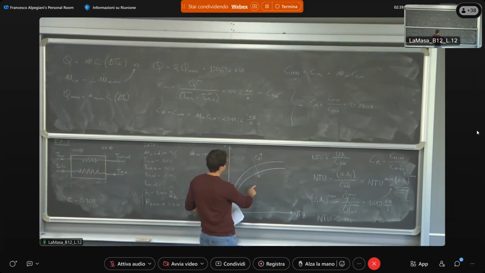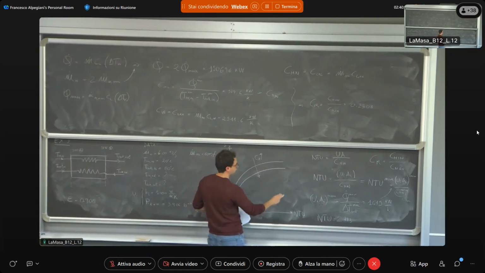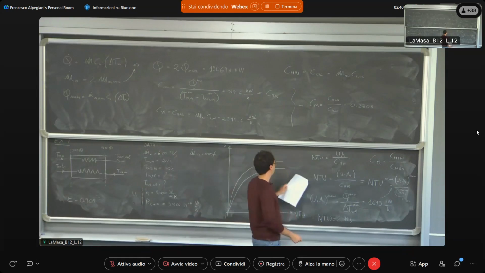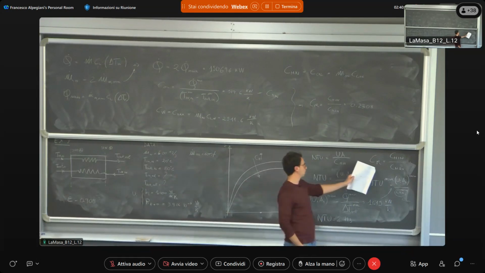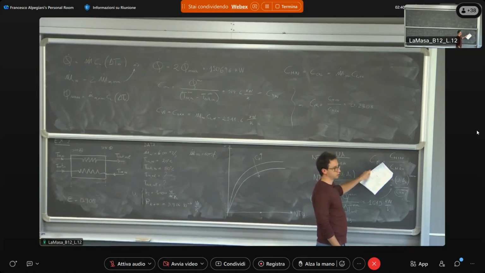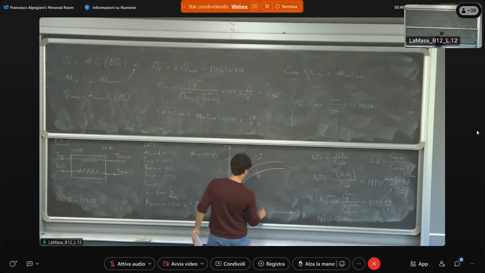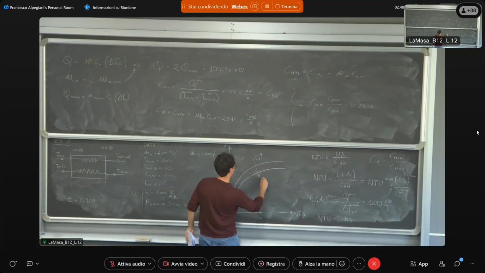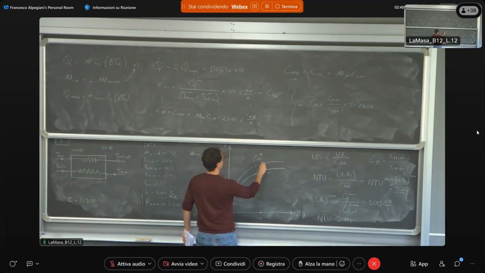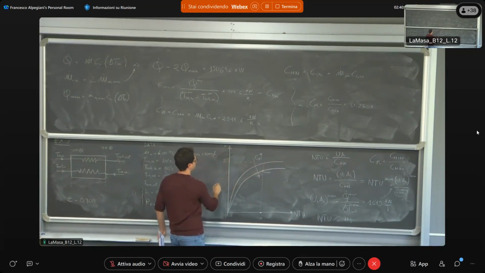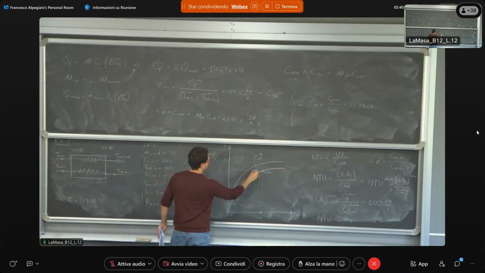Because essentially for the same NTU, so we can suppose to be here in a nominal condition, for the same NTU which remains the same, we have a CR that is lower because we are increasing the Cmax. So this was the nominal condition, decreasing CR, we will find an effectiveness which is higher than the nominal one, okay?